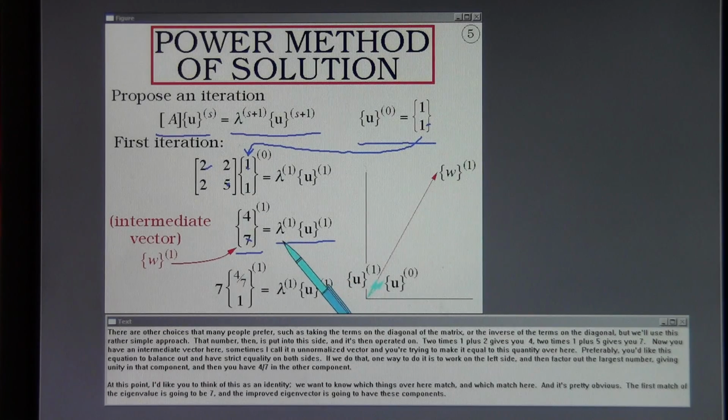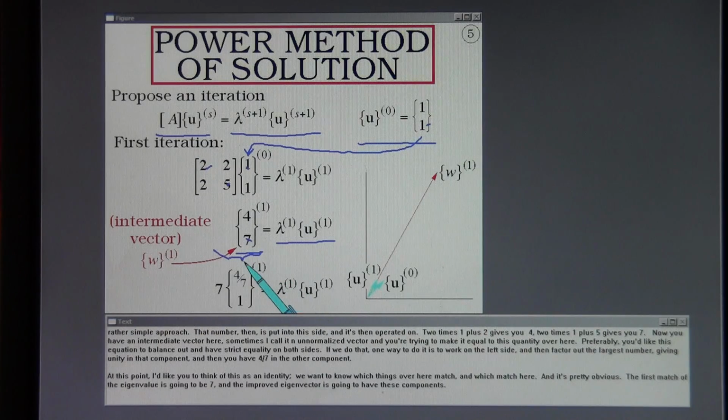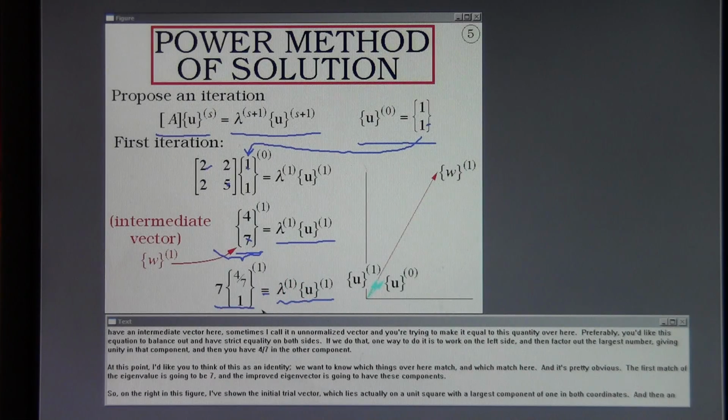If we do that, one way to do it is to work on the left side and then factor out the largest number, giving unity in that component, and then you have 4/7 in the other component. At this point, I'd like you to think of this as an identity, that we want to know what terms over here match these terms over here, and that's pretty obvious that the first estimate of the eigenvalue is going to be 7, and the improved eigenvector is going to have these components.